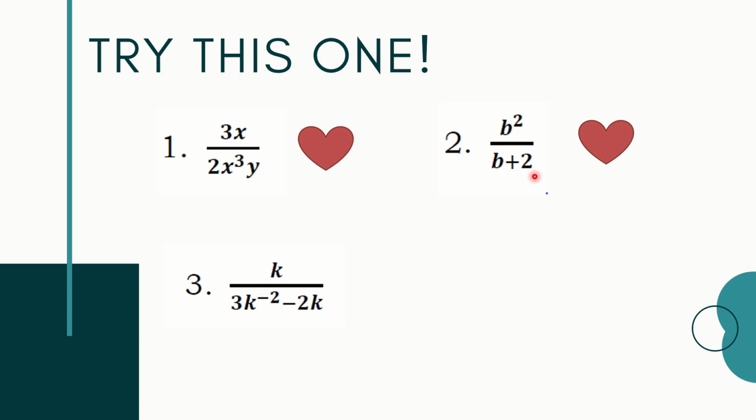Now, how about 3? K over 3k to the power of negative 2 minus 2k. Is this an example of algebraic or rational algebraic expression? No. Why? Because our denominator is having negative exponent, which is not an example of polynomial.